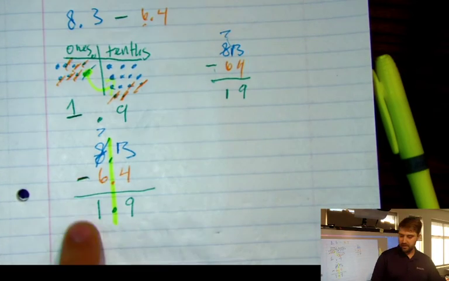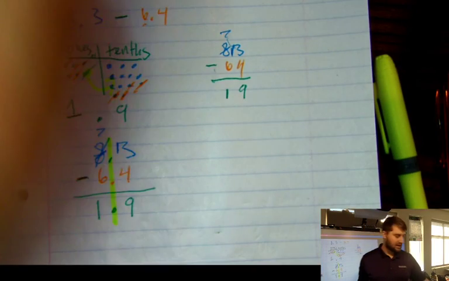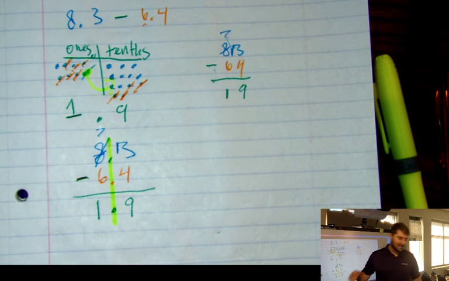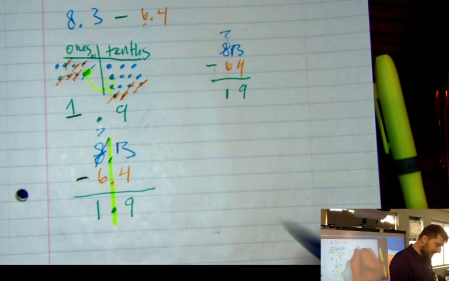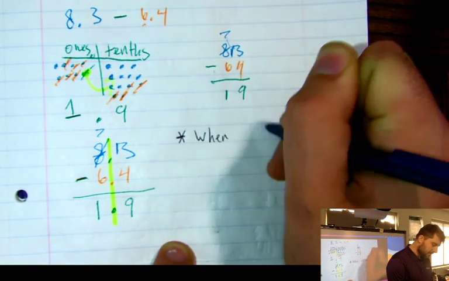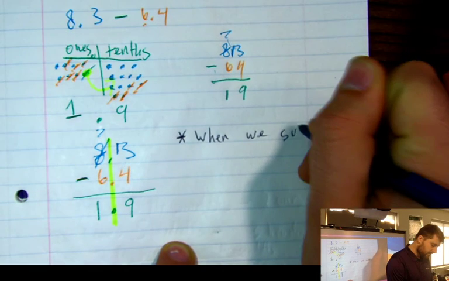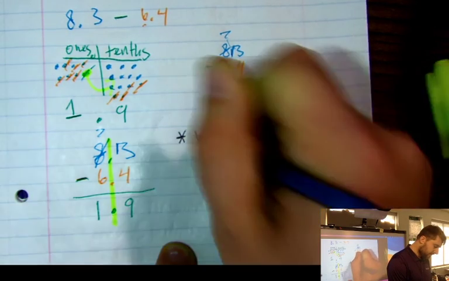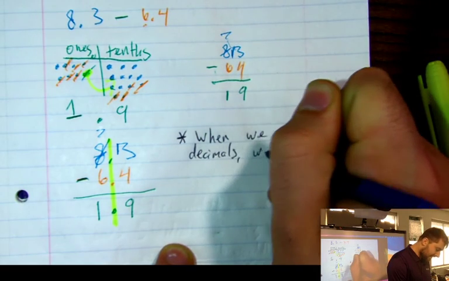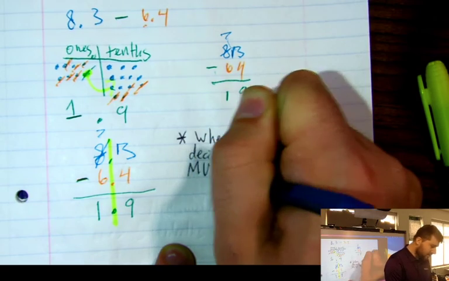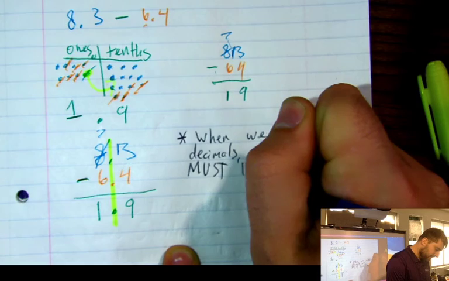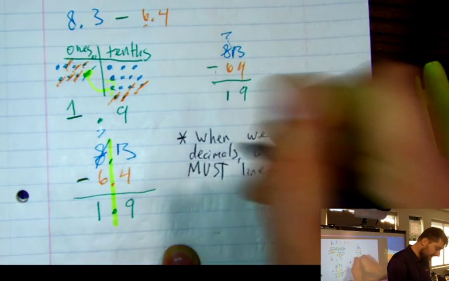Now we're going to write down one more thing, and then I'm going to send you on your way. This is just like what we said when we were talking about adding decimals. When we subtract decimals, we must, have to, need to, every single time line up our decimal places.